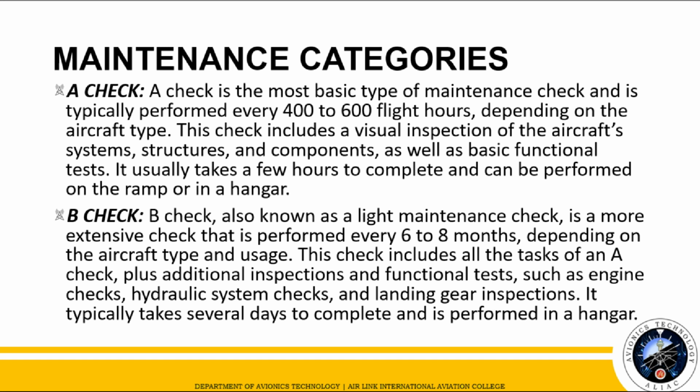In A check, A and B checks are the lighter checks, while the C and D are the heavier checks. So in A check, it consists of a visual examination of the airframe, power plant, avionics, and accessories to ascertain the general condition of the aircraft.